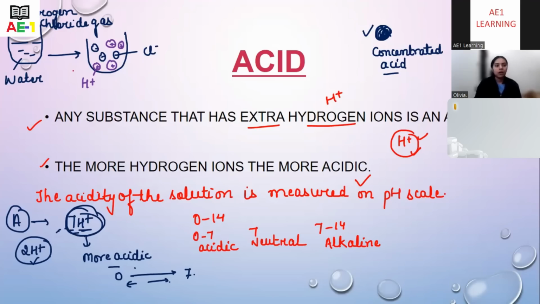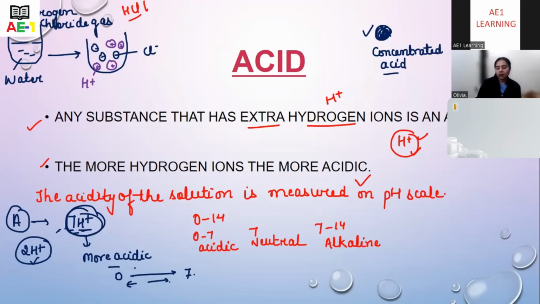So, look at the example right here in the corner. We have a beaker and that beaker is half filled with water. If we pass hydrogen chloride gas into the water, it breaks down into H positive and Cl negative.